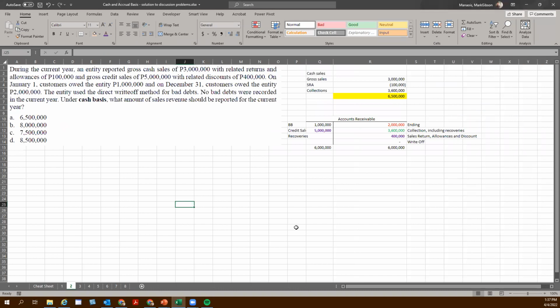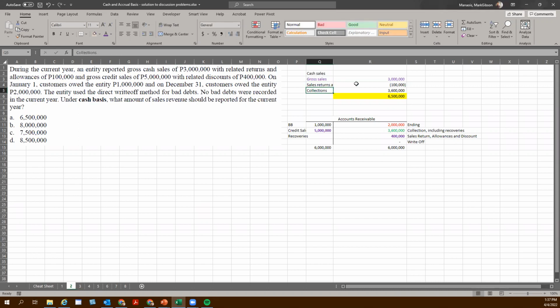So notice, in problem number 2, class, the given is gross sales. What we are looking for is the sales revenue. So we have gross sales, that's 3 million. So that's given. Less your sales returns and allowances. Let me use the computer for this. I'll put in sales returns and allowances.